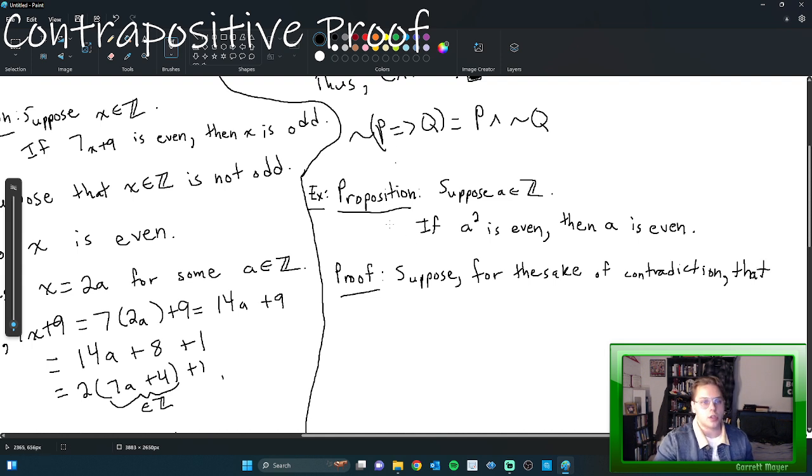So this is P, a squared is even, and this is Q, a is even. The negation of this would be P and not Q. So a squared is even, and a is not even. So a is odd.